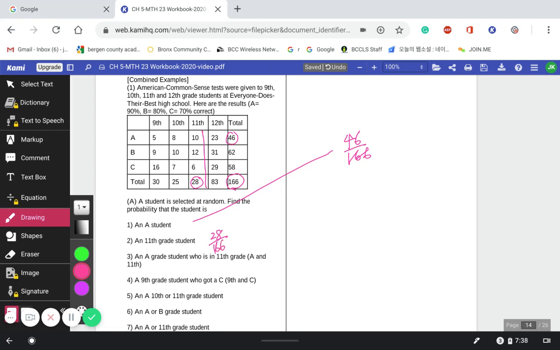So A and 11th grade is what? 10? So it would be 10 out of 166. Ninth and C. So C and ninth grade would be 16 out of 166.